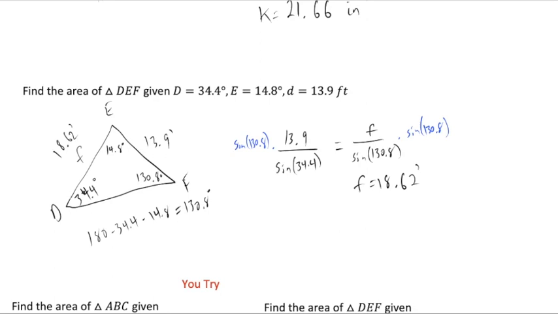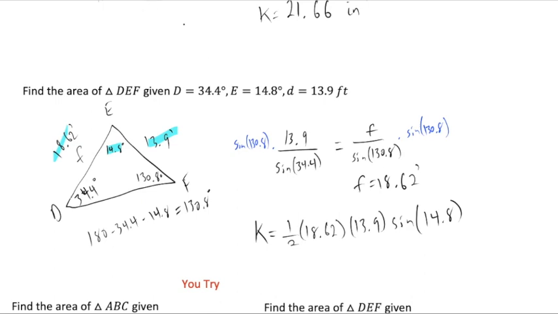So now I have the enclosure. I have a side, the angle, and a side. So now I can just plug it into the formula. K equals 1/2 times the two sides, 18.62 times 13.9, times the sine of that enclosed angle, which was 14.8.